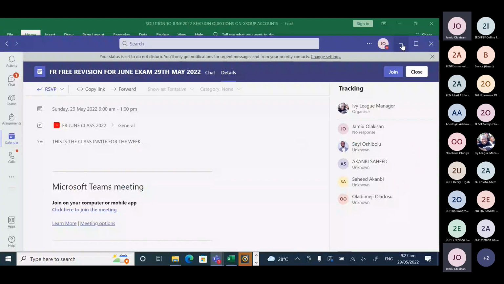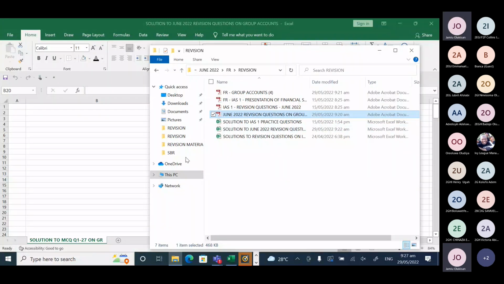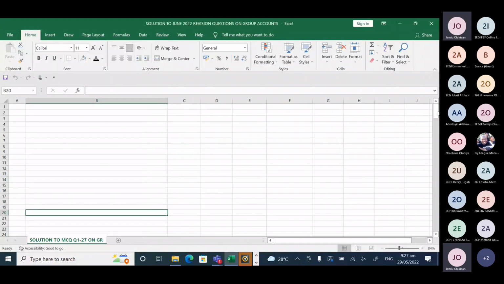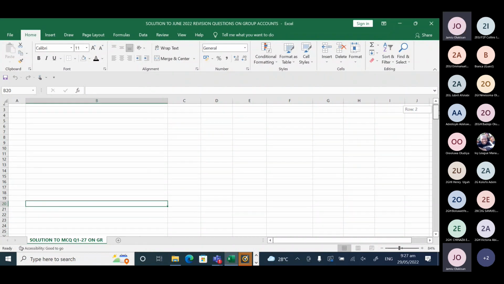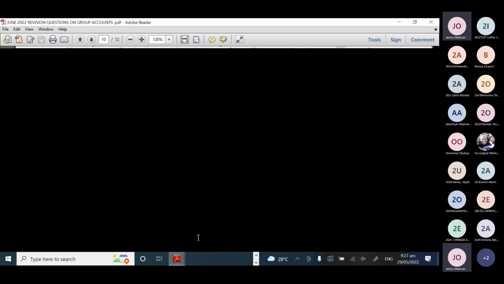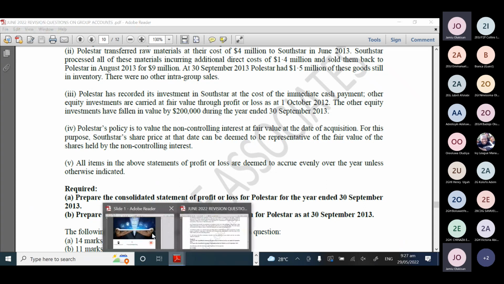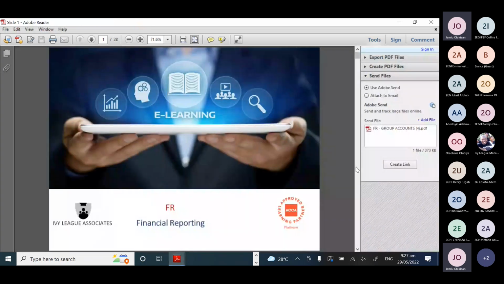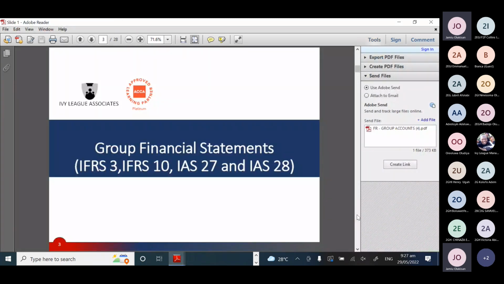The approach is not to teach. The approach is really to solve questions. And solving questions means we pick each question and solve together. Even though I have the slide that we used in the class with me here, I'm not going to go through it as if I'm going to teach.